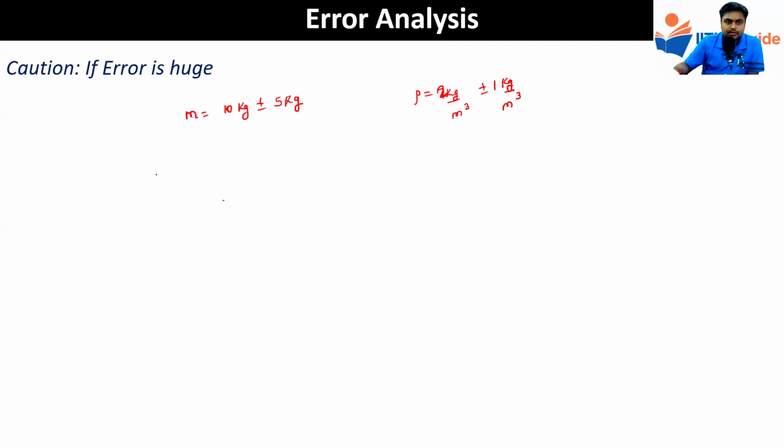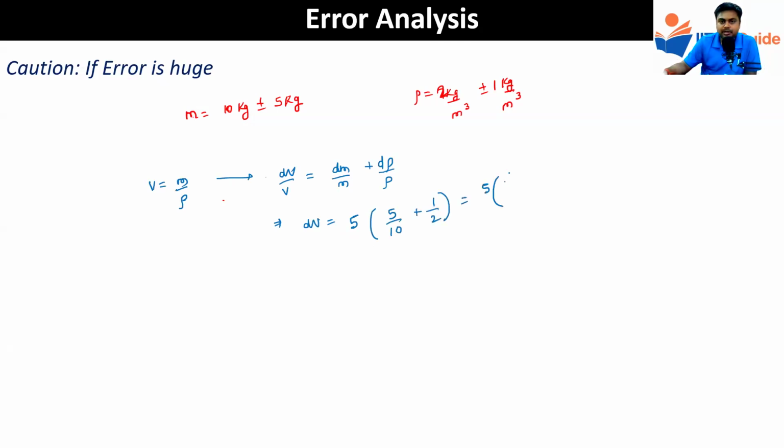So we have volume as mass divided by density. If we do it by the differentiation method, dv by v is equal to dm by m plus d rho by rho. So therefore dv will be volume, which is 5, times dm by m, 5 by 10, plus 1 upon 2, which is 5 into 1, which is 5 meter cube. This is dv. Is it clear till now? Please let me know, raise your hand.